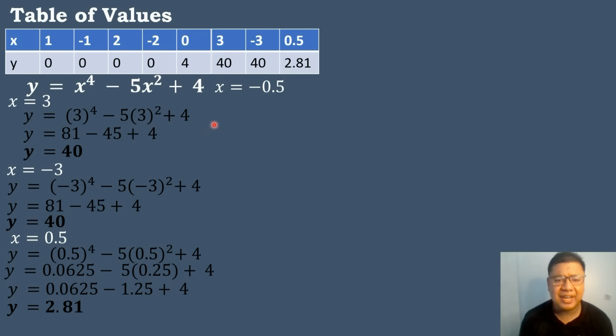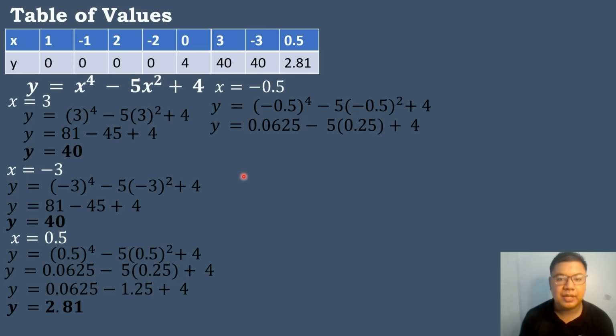So next, let's have the next value of x, which is negative 0.5. Substitute negative 0.5. So we have negative 0.5 to the fourth power minus 5 times negative 0.5 to the second power plus 4. Then we will simplify. Negative 0.5 to the fourth power is equal to 0.0625. Then bring down negative 5. Negative 0.5 to the second power is 0.25, plus 4.